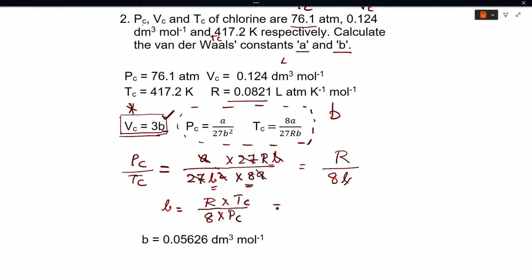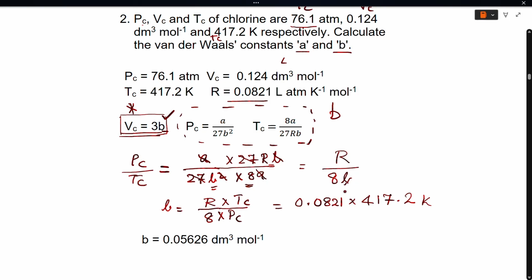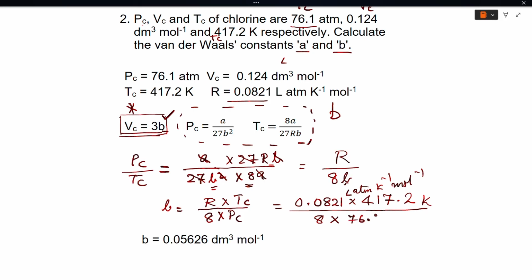Now, I will substitute the values: 0.0821, that is R, temperature is 417.2 Kelvin. You can put the units too, that is liter atmospheres per Kelvin per mole, whole divided by 8 into PC, that is 76.1 atmosphere.